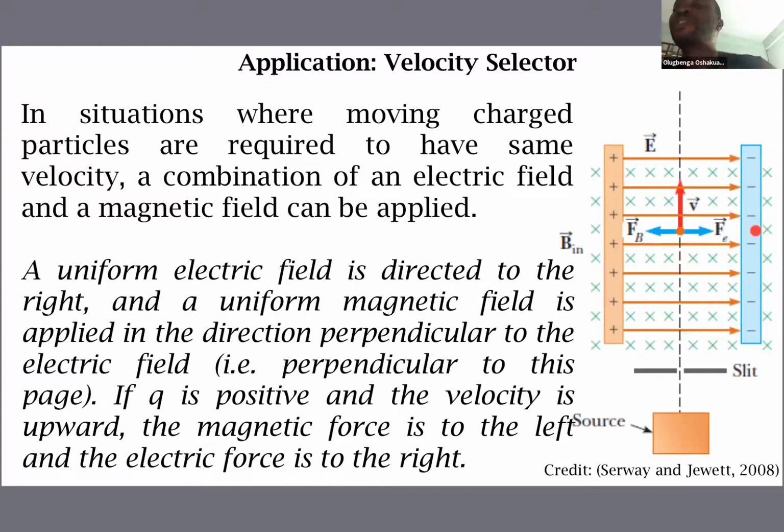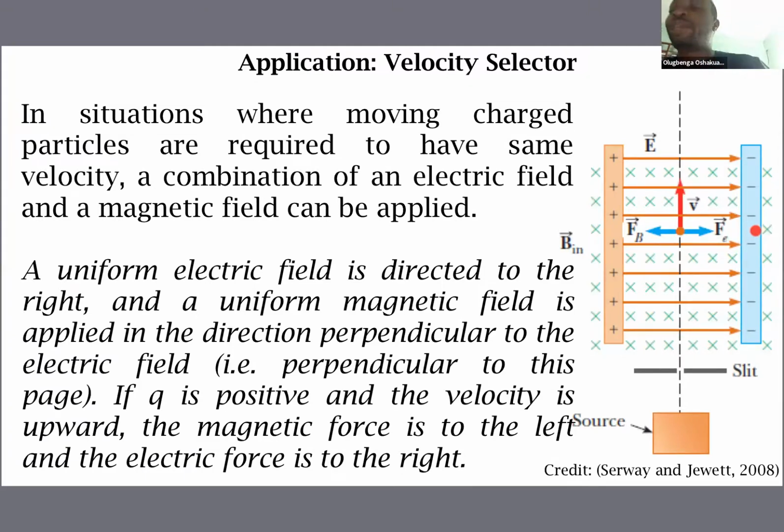That is one of the properties of electric fields we've learned before. The magnetic force points in a direction perpendicular to the direction of motion of the charged particle and also to the direction of the externally applied magnetic field. That we also know.